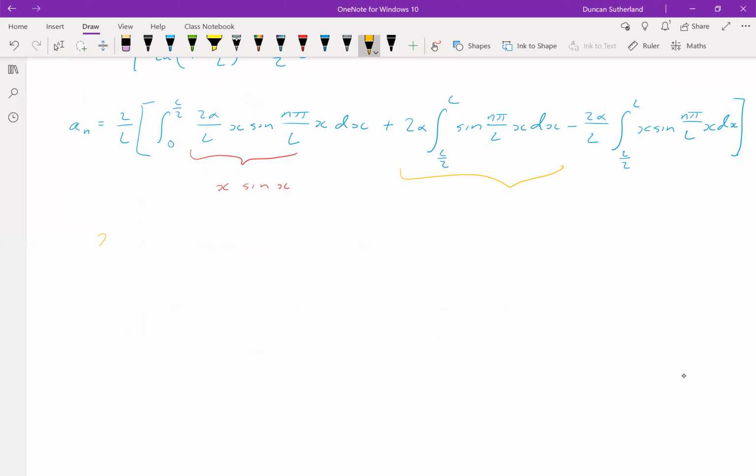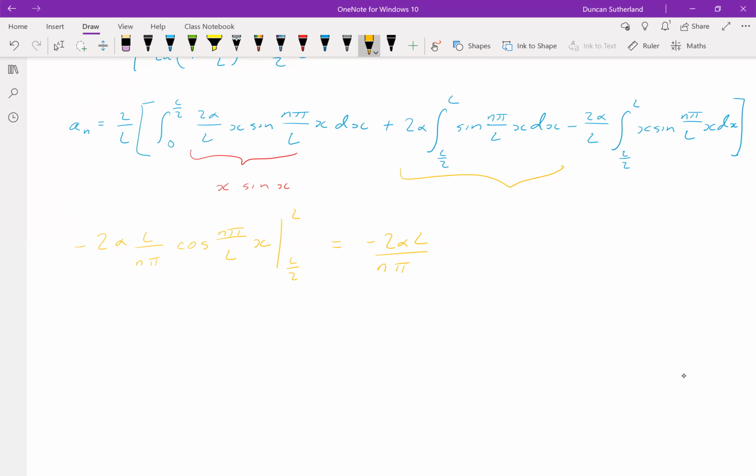Gives you 2 alpha L on n pi. Integral of sine is minus cosine of n pi on L x, between L over 2 and L. So that's minus 2 alpha L on n pi.